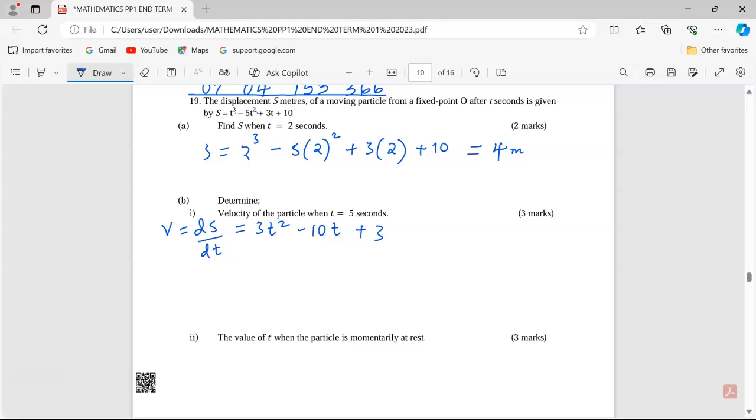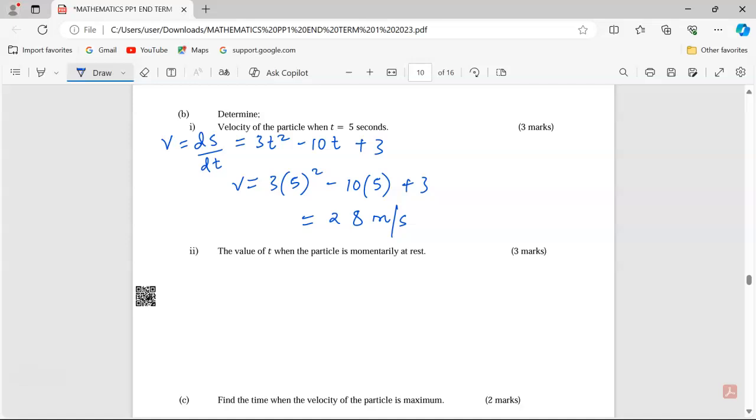So this is now the velocity function. When we get the velocity function, the next thing is to find the velocity value at t equals 5. So 3 into 5 squared minus 10 into 5 plus 3, and this will give us exactly 28 meters per second, of course, because it is velocity now.